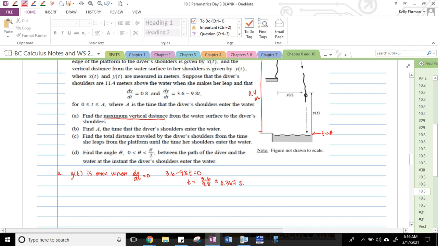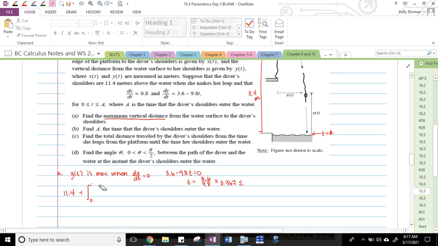Now find the maximum vertical distance. We found the time at which that happens. What is the maximum vertical distance? I could have found an equation for y, or I could say we're starting at 11.4 meters, and then we add the change in vertical distance from time 0 to time 0.36.